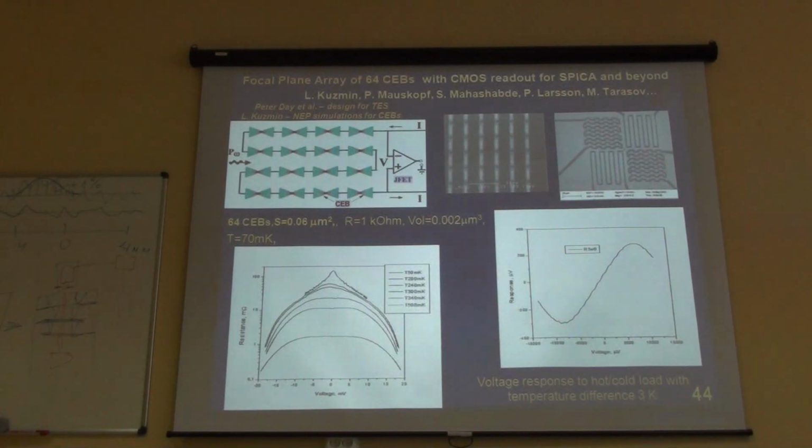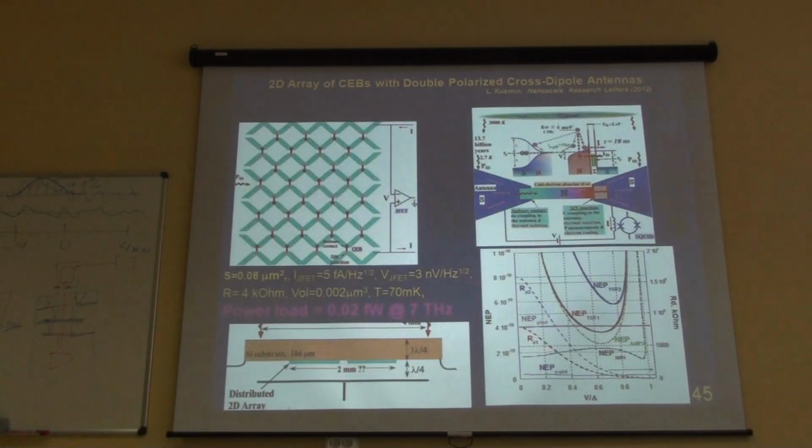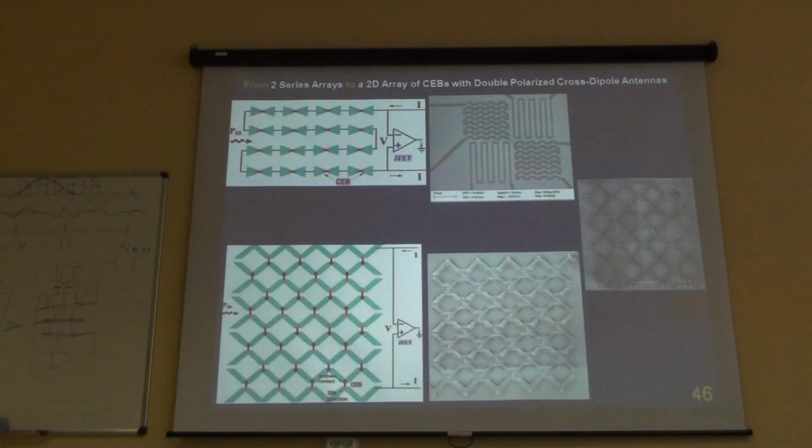And I started to think, could we combine both polarizations in one bolometer, with both antennas? The final decision is this one: at 45 degrees, one line is one polarization, another line is another polarization, and each bolometer is a sensor for both polarizations. It was psychologically quite difficult to arrive at this idea. Now it looks clear, but I thought in an orthogonal way, and I didn't show it, but there were many different realizations of these structures.